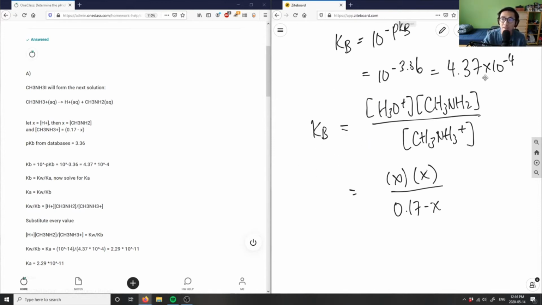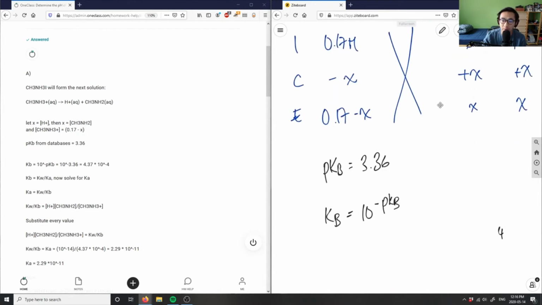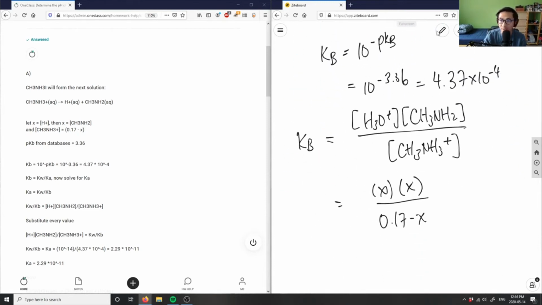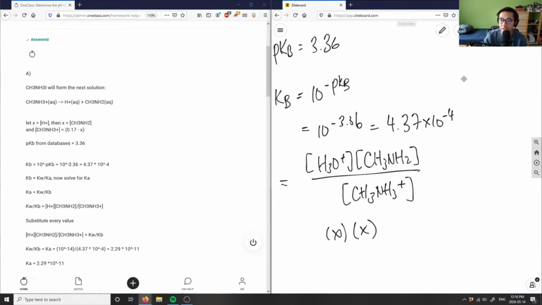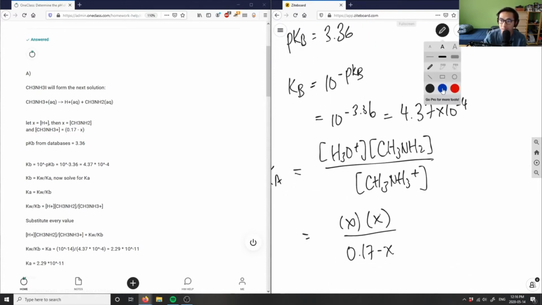I actually can't use my Kb in this case because I'm making my hydronium ion. So I'm going to have to find the Ka of this species. This is actually a Ka expression, not a Kb expression. To find my Ka, I have to relate it to Kw. This is some side work before we plug it in.